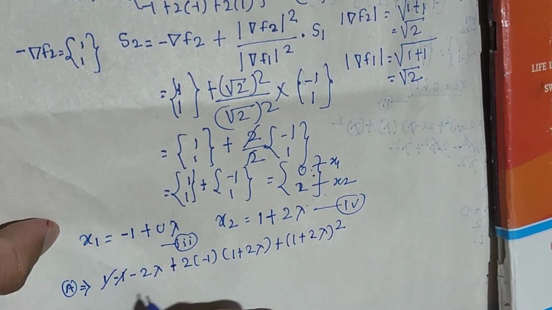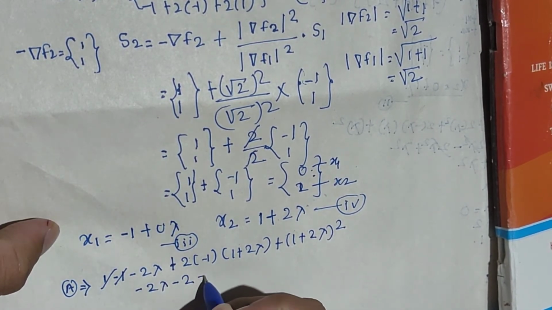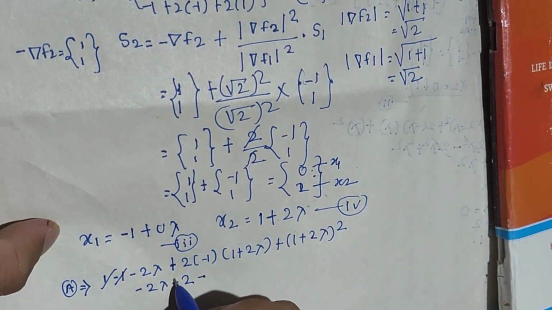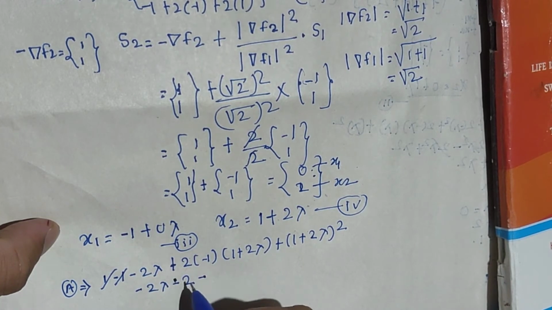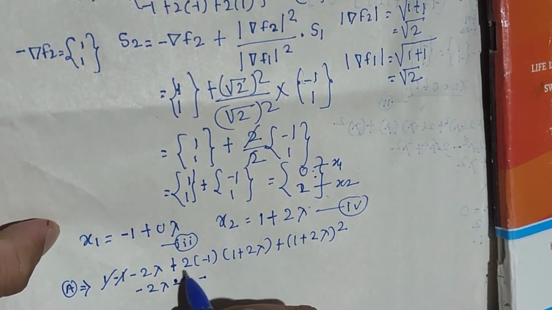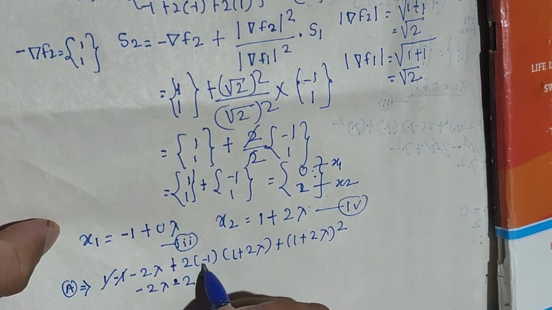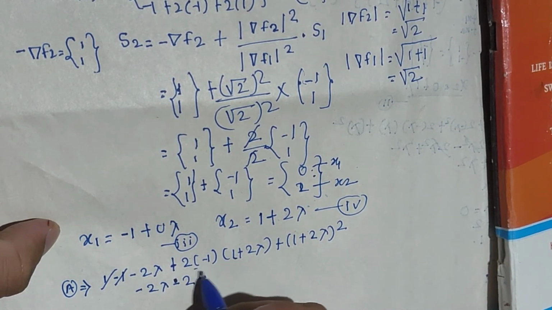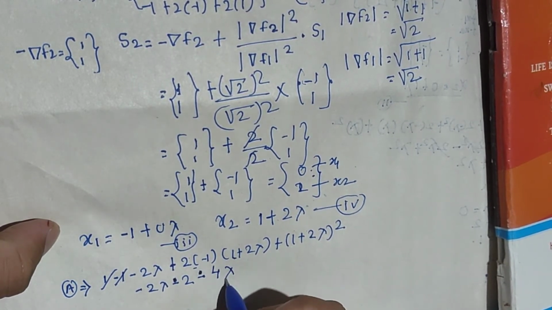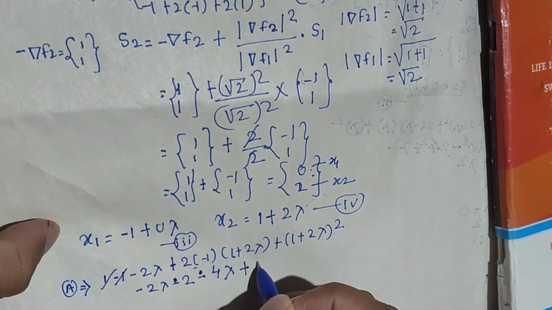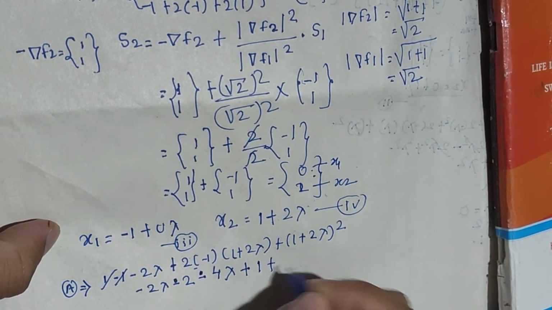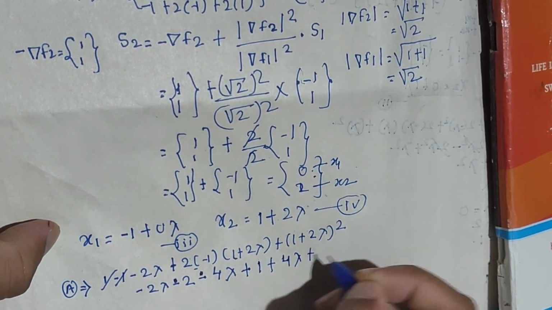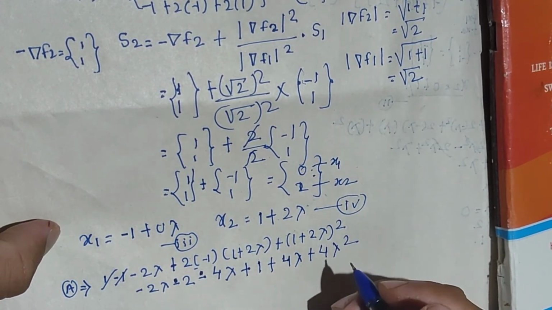So this is going to cancel. 2 lambda minus 2, minus 2 lambda, minus 2 into minus 2, minus 4 lambda, plus 1 plus b squared, that is 1 plus 2ab, that is 4 lambda, plus 4 lambda squared.